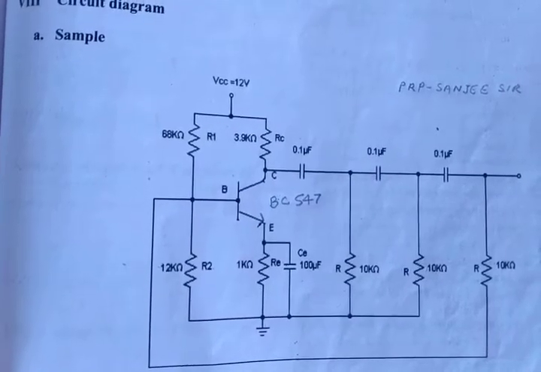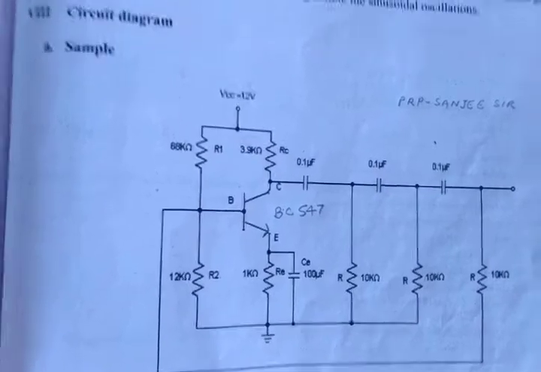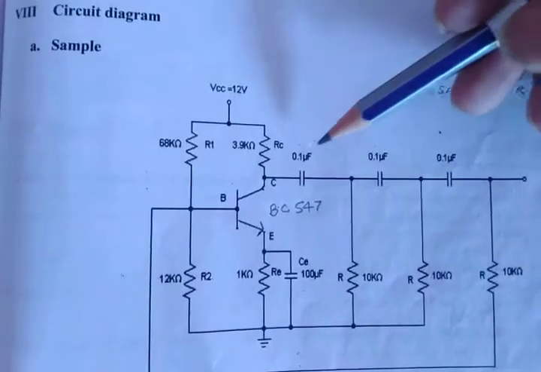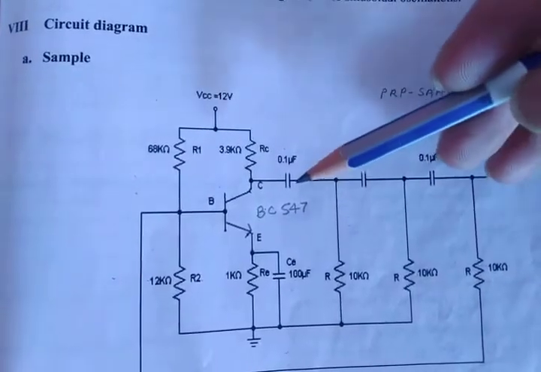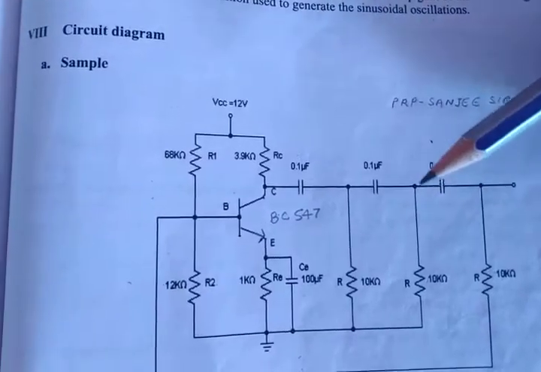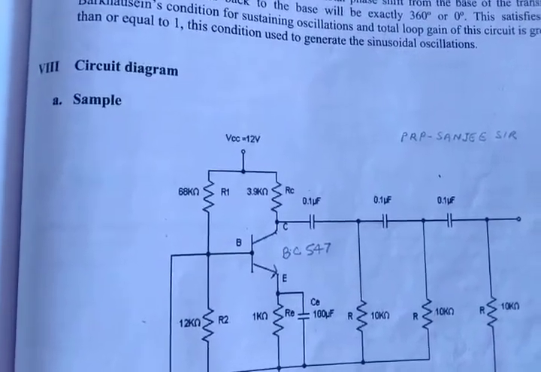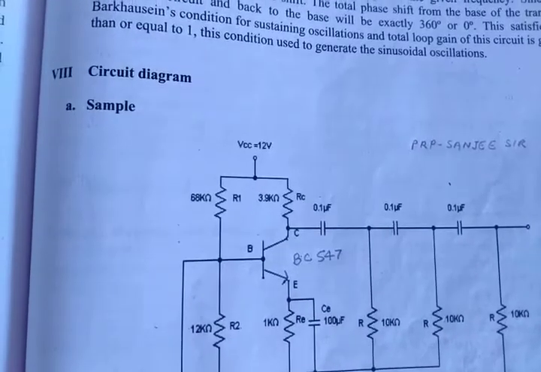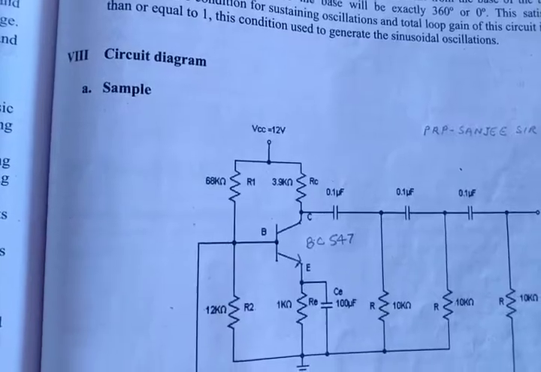It consists of a transistor with its output fed back to its input through a phase shift network. So this is the phase shift network consisting of 3 capacitors, the RC network.